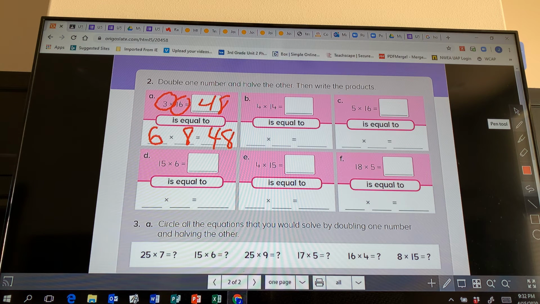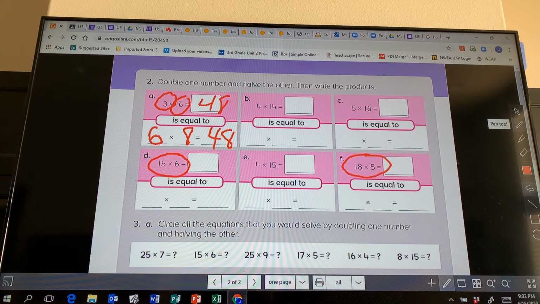All right? So again, follow that same concept as you go through the lesson. You'll notice that some of these ones here, like letter D and letter F, both have it turned around. So in that case, you would double the smaller factor. Well, actually, these ones would be the opposite.